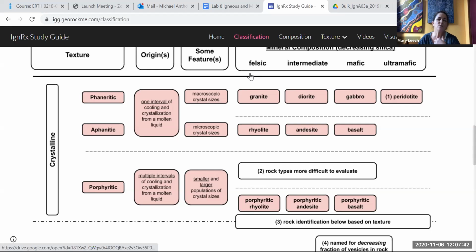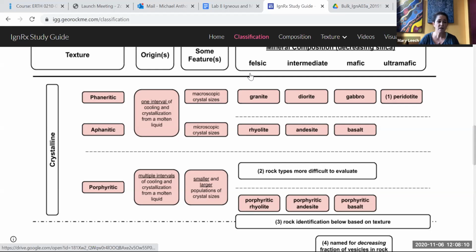So this helps you make sure that you give a rock a plutonic rock name when you see a phaneritic texture, when you see all the crystals visible. There are large visible crystals in the rock. It has to be a plutonic rock name. So that's where that top row, phaneritic, comes in. So if they're all coarse crystals, then you need to give it one of those names.